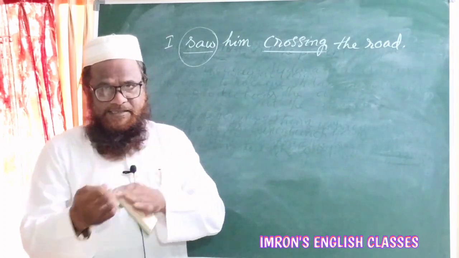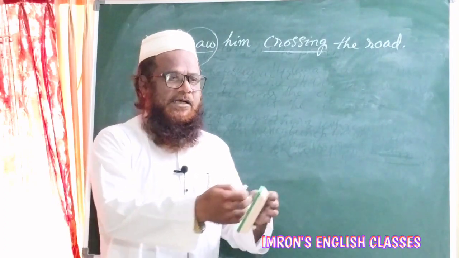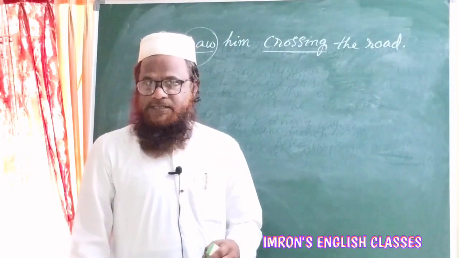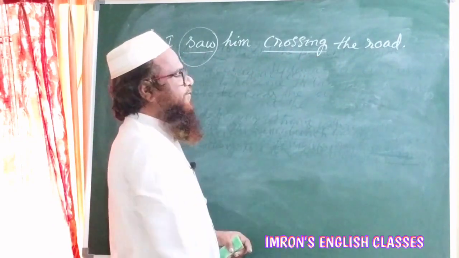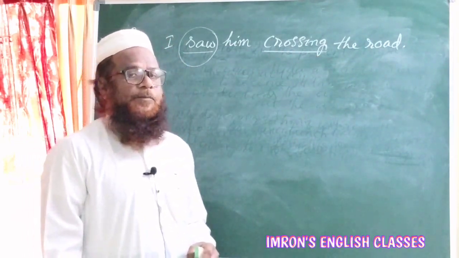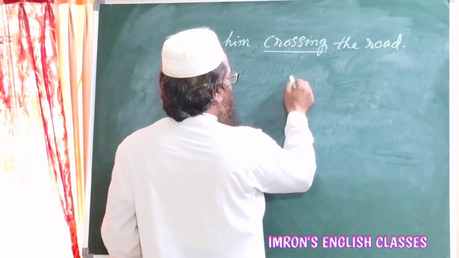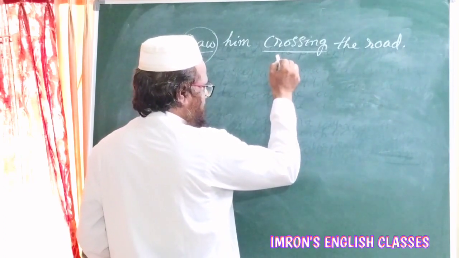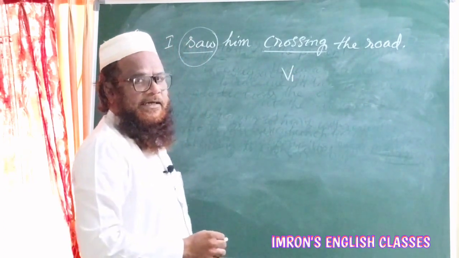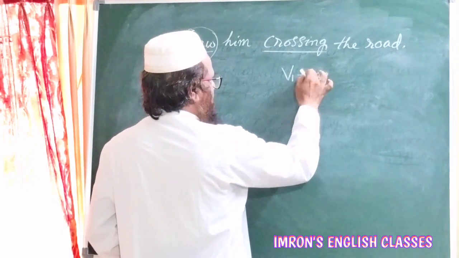If we use it in the present simple tense, cross, simple past tense crossed, and past participle crossed. But when we add ing to the base form, that is the simple present tense, in other words, we call it V1, the present simple tense, V1 plus ing.